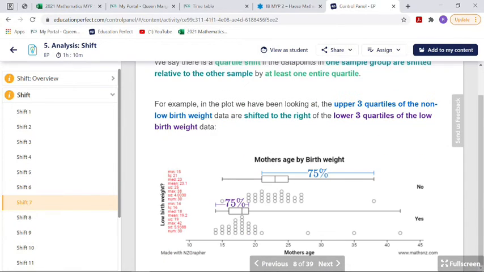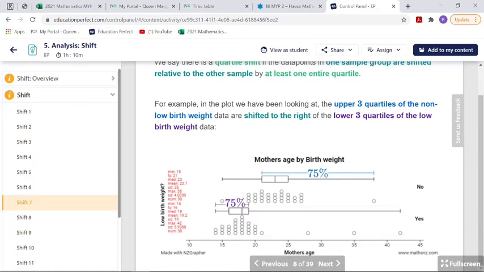All right. Now, here's what I'm talking about, significant shift. That's when 75% of one set of data is below 75% of the other set of data. That represents a significant shift, and that's when you can be fairly confident in your conclusion that this one is definitely different from this one.